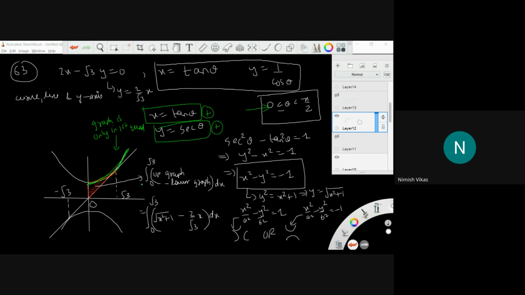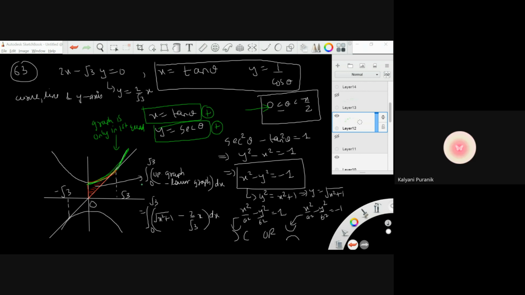What is that formula? For y it will be tan 2 theta and x will be... Well, first let's go step by step. What is 1 minus tan square theta upon 1 plus tan square theta? What is the formula for tan 2 theta?